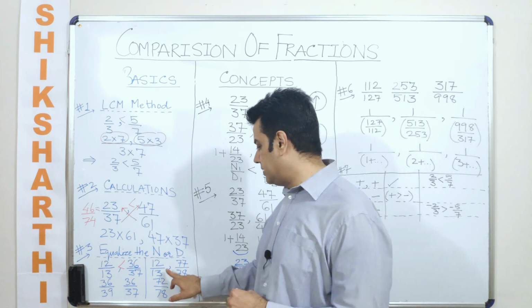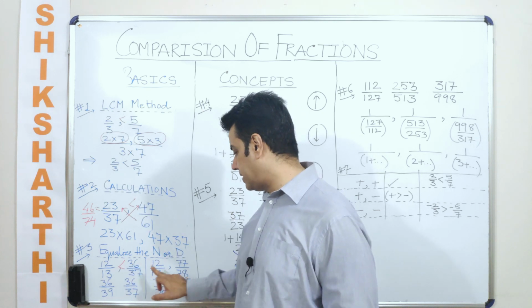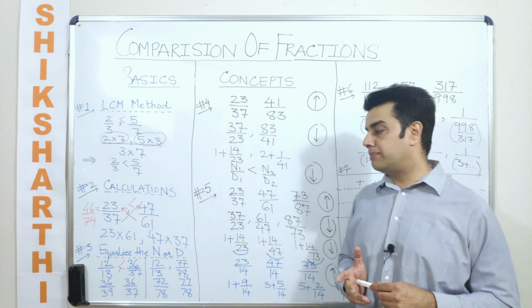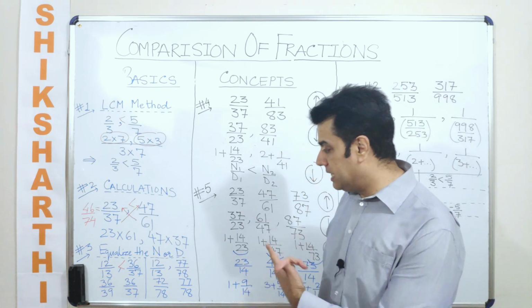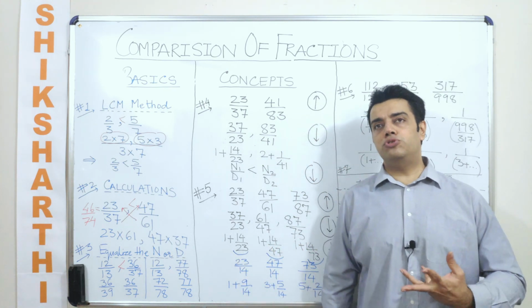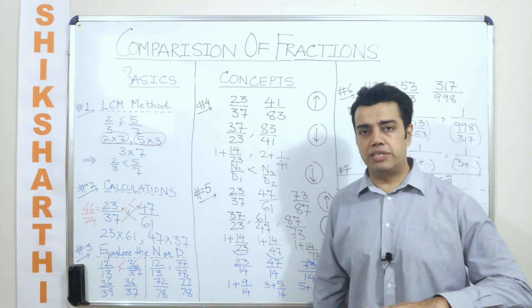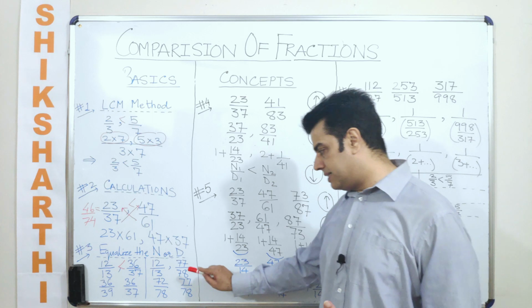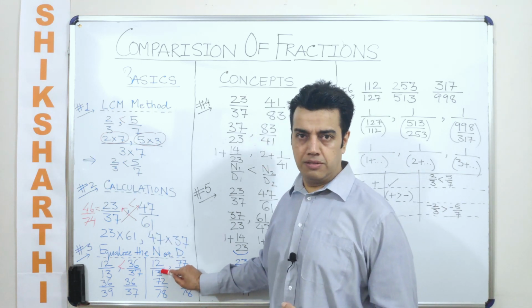One more example that I have taken here is, one fraction is the same fraction, 12 by 13, and the other fraction that I have taken here is 77 upon 78. Now immediately, who would tell me whether I am supposed to equalize the numerator or the denominator? Your presence of mind, your practice will suggest that here 78 is a multiple of 13.